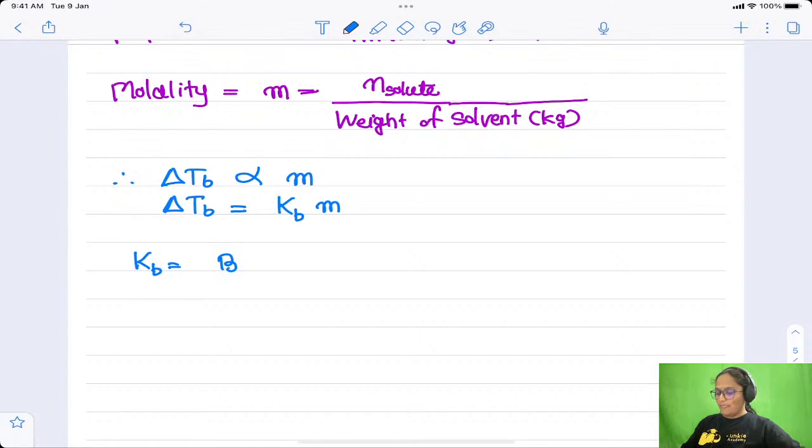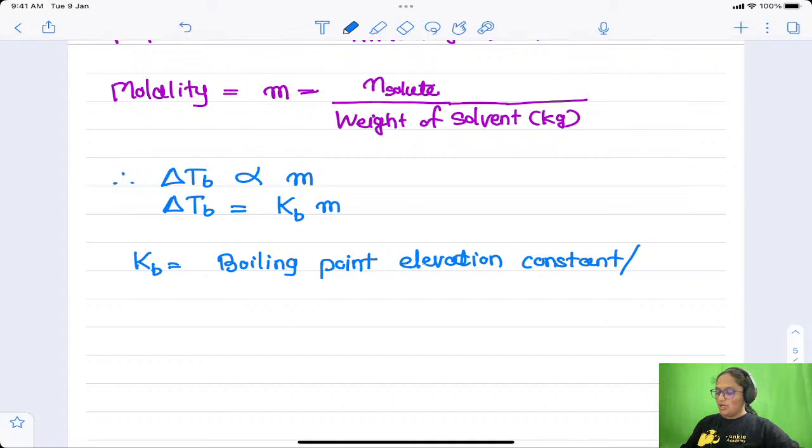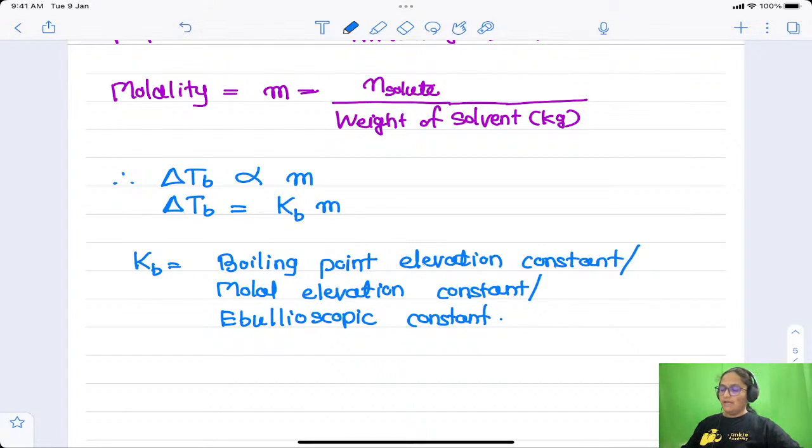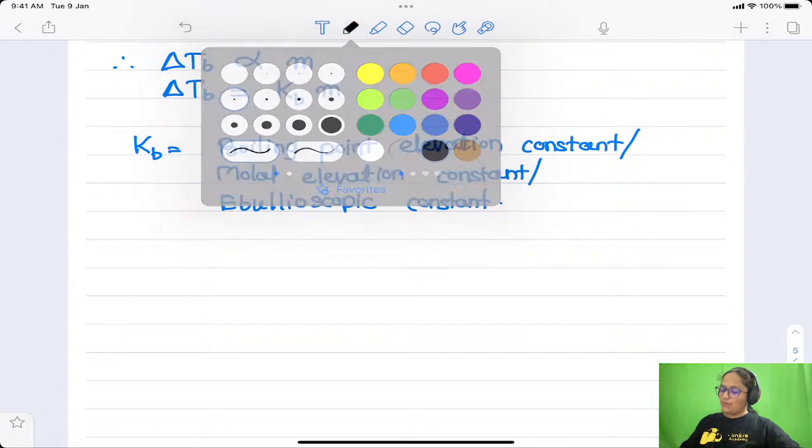It is called the boiling point elevation constant, or it is also called the molar elevation constant, or it is also called the ebullioscopic constant. Ebullioscopic constant.